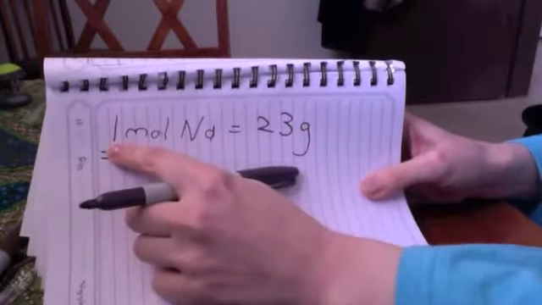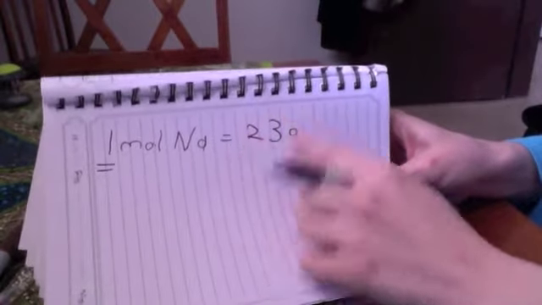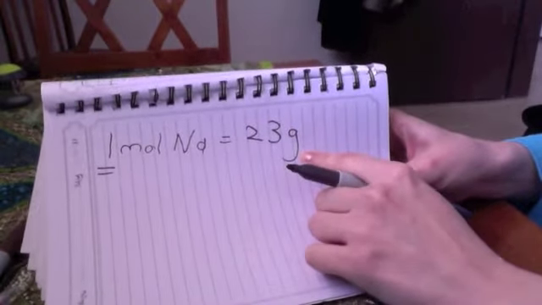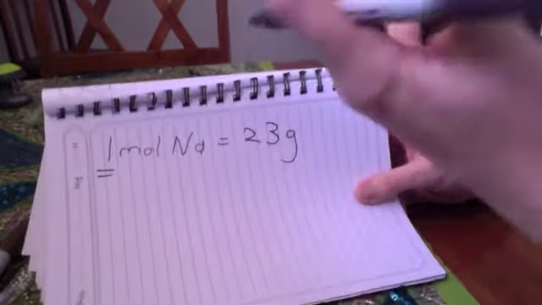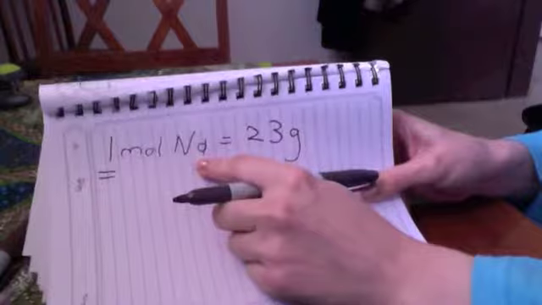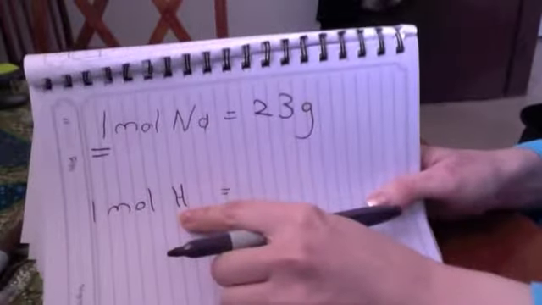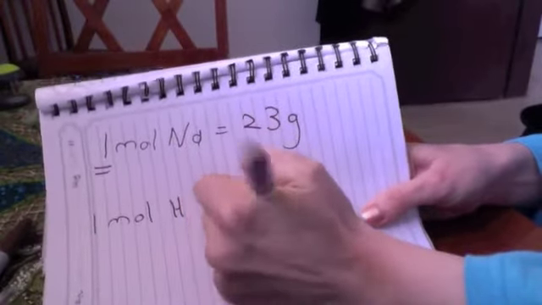But for you to remember, it is always 1 mole. Every molar mass you see on the periodic table, again, is only the mass of 1 mole of that element. Okay, so 1 mole of hydrogen as a single element would be equal to 1 gram.